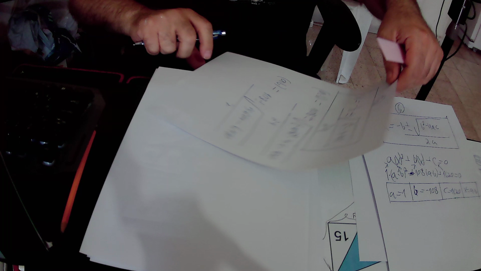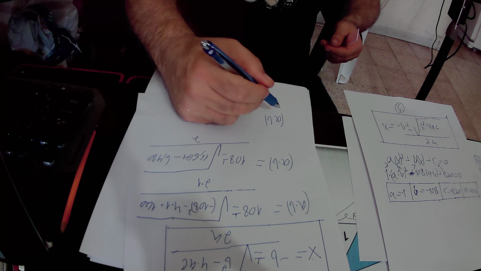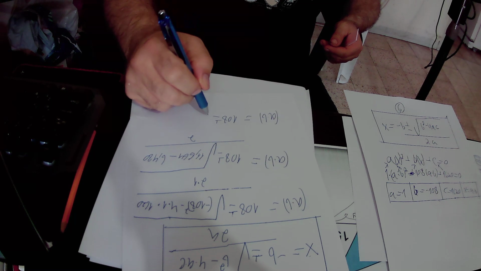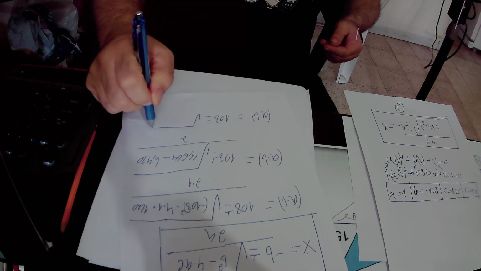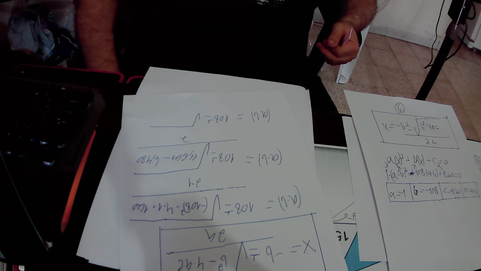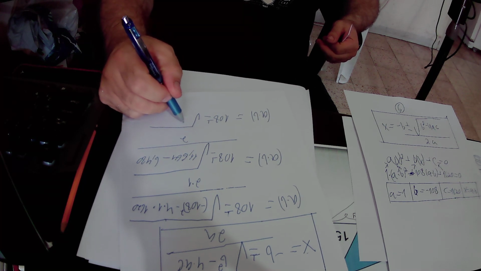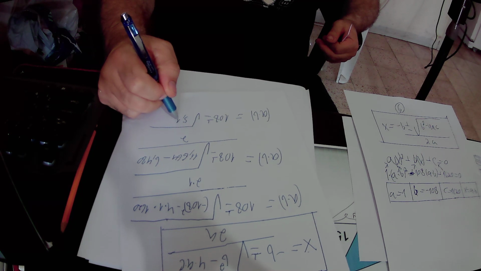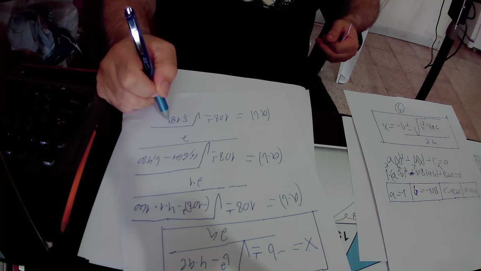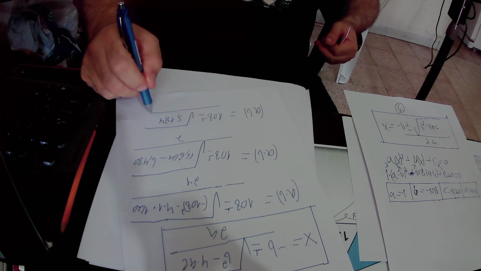So A times B equals 108 plus minus the root of 11,664 minus 6,480, which equals 5,184, all divided by 2.